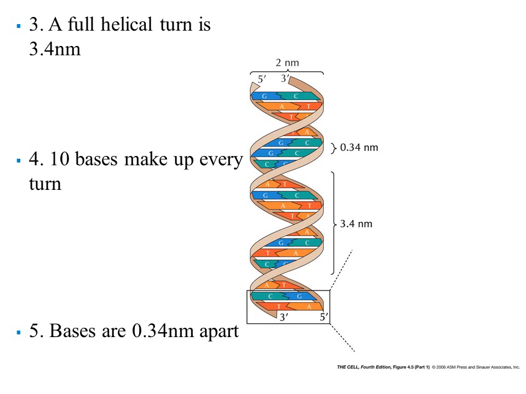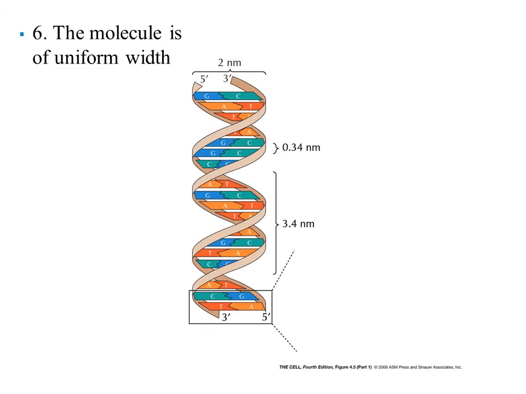Number 5, bases are 0.34 nanometers apart. And finally, number 6, the molecule is of uniform width. So these are the 6 discoveries that Watson and Crick came up with from looking at Rosalind's image.